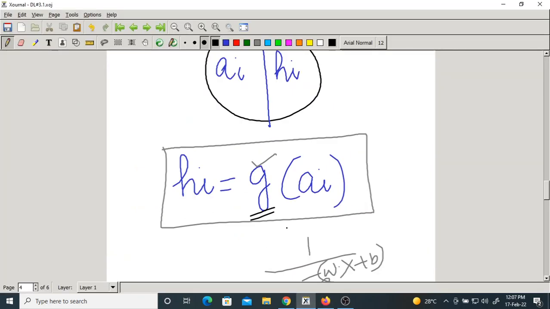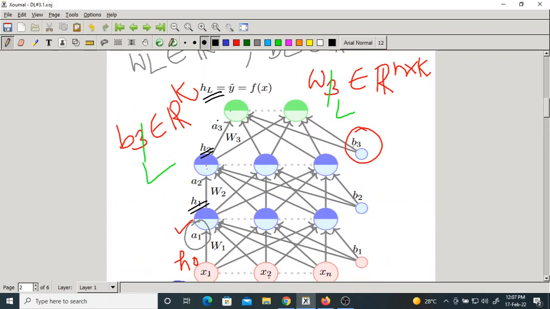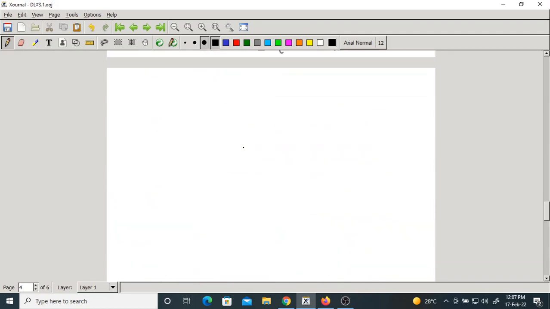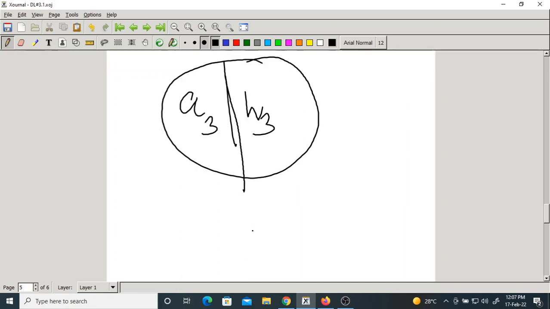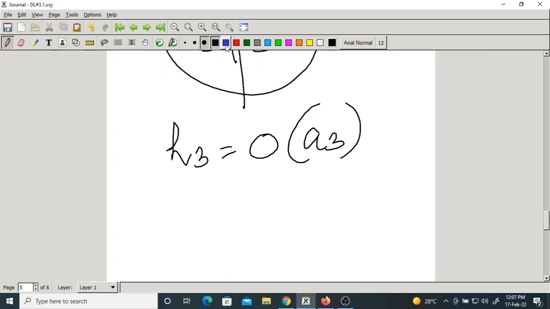Now, please be careful here. Now this is A3 and this is hL. For the last layer, the output, what is the activation? A3 and h3. How to get h3 from A3? So h3 equal to some output function of A3. In general, we are dealing with generality, L equal to 3 here.